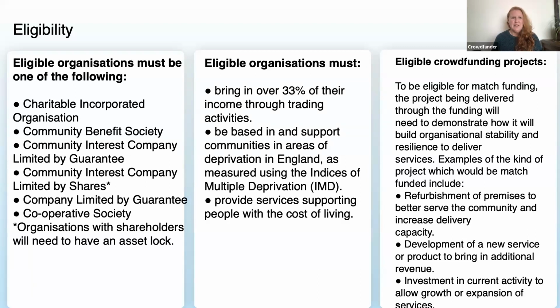With the organisations that are eligible, you must also bring in over 33% of your income through trading activity. We've got a really great example of a project that has been accepted for this particular fund, and we will share that one with you. It's a great community kitchen in Bristol, and they have income through paid for workshops.